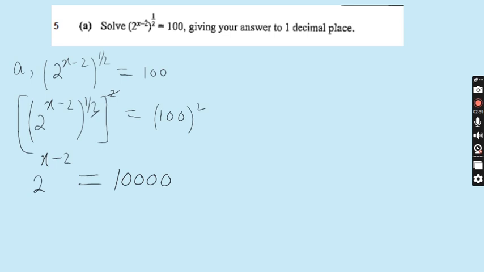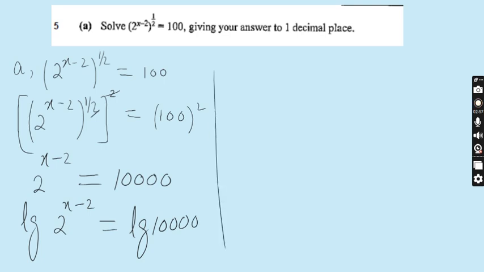100 square is 10,000. Now apply logarithm on both sides. Log 2 power x minus 2 is equals to log 10,000. Next, power is always from before the log.